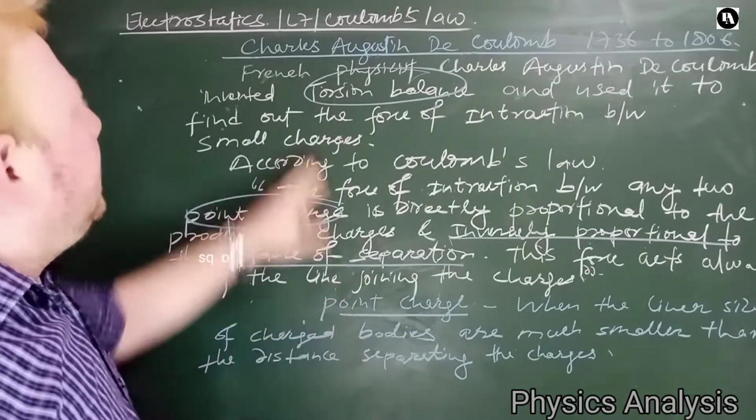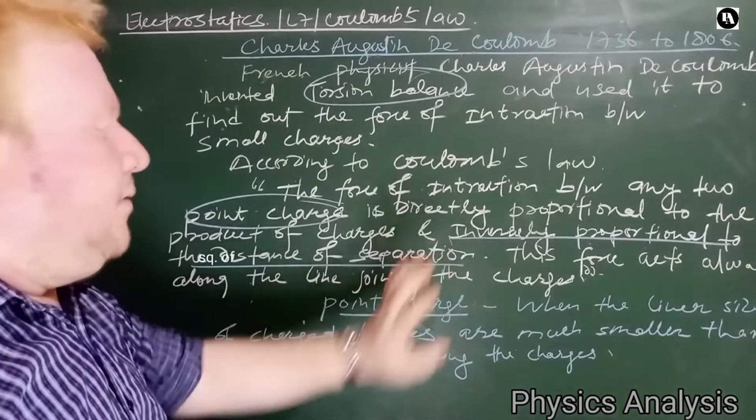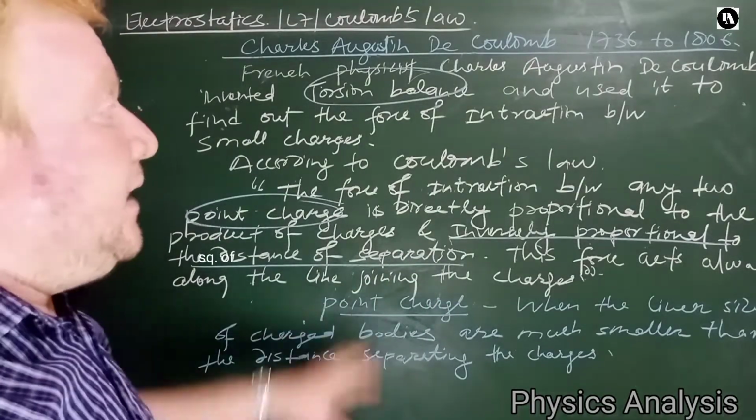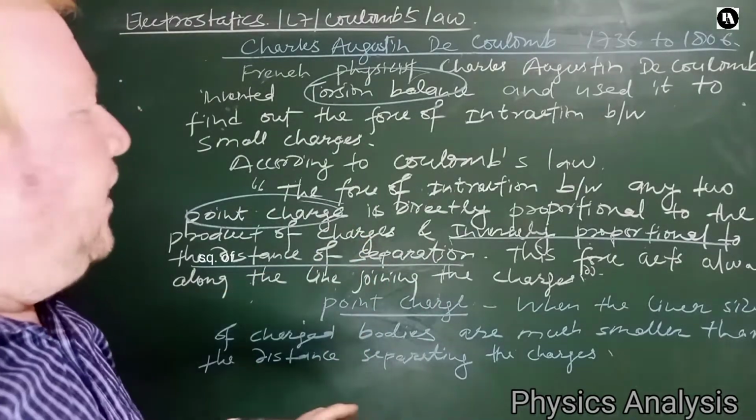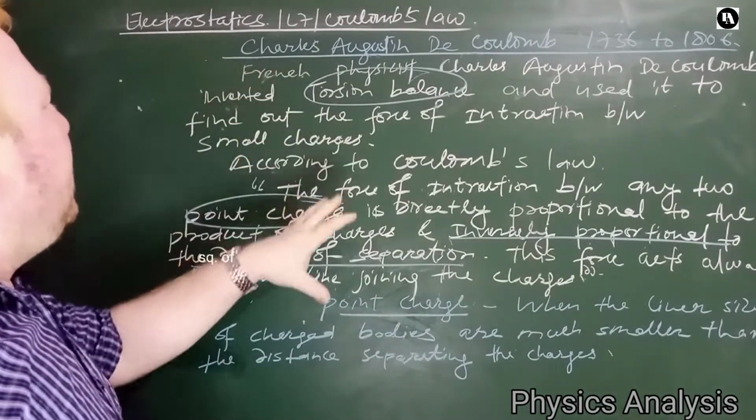Listen everyone, Coulomb's law is valid for small charges only, and the charges must be at rest. So what is the clear-cut statement of Coulomb's law?